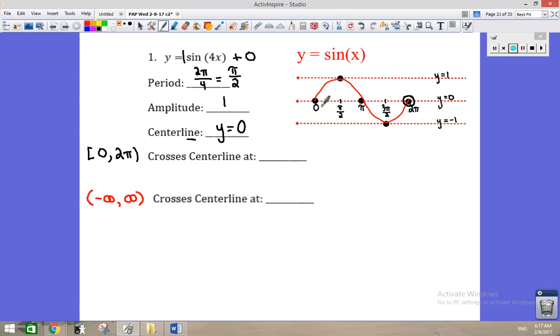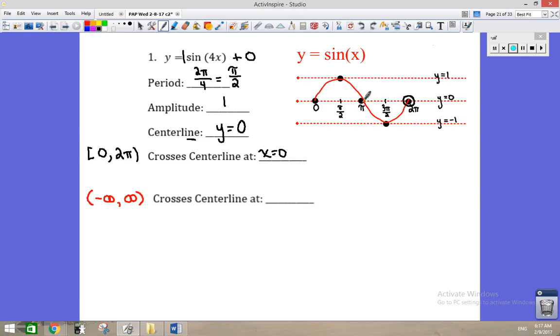We know the sine of 0 is 0. We know that when the input is 0, you're on the center line. So let's take this expression 4x and replace it with 0. Solving that for x, we have that x equals 0. So we're at the start of our interval where we want to list where it's intersecting the center line.